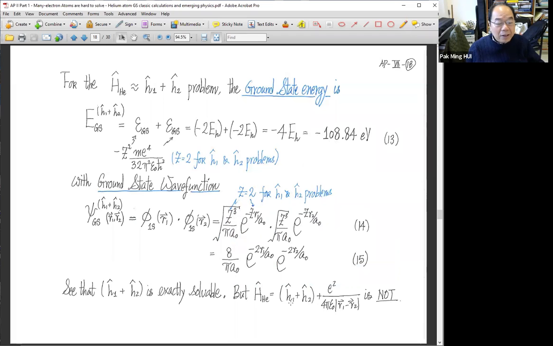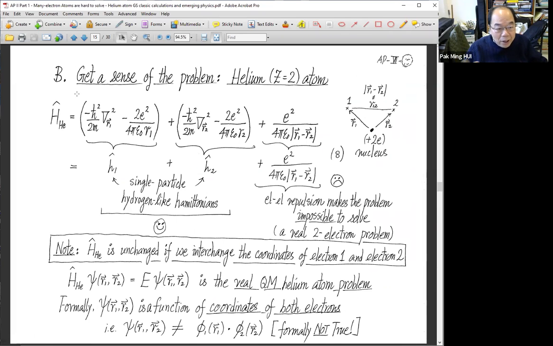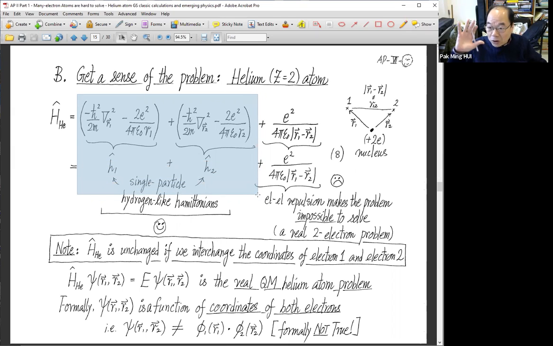Okay, so at this point, we see that we have 5 terms in our problem. So 1, 2, 3, 4, 5. If we ignore the electron-electron interaction term, the first 4 terms do not cause us any trouble.